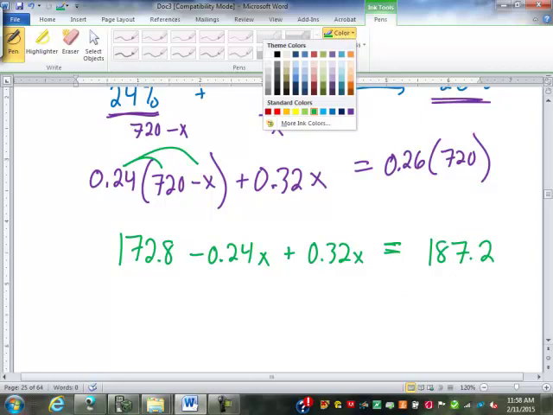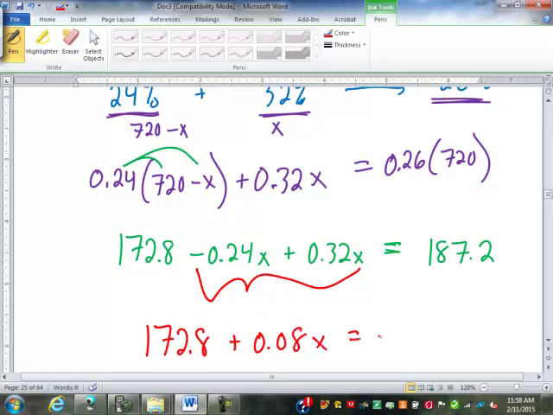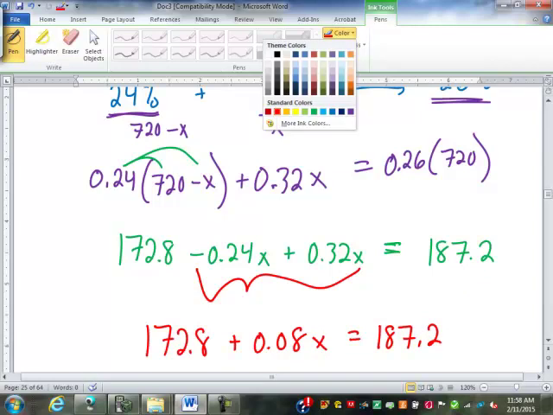Now we can do some combining quick before we start to solve. We have the 172.8, which won't change. Negative 0.24x and a positive 0.32x is a positive 0.08x equals 187.2.